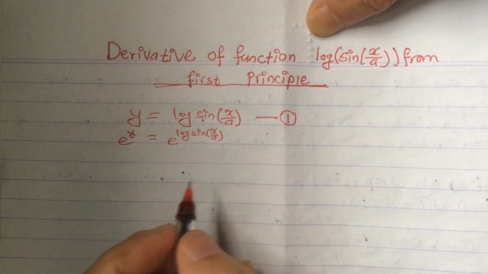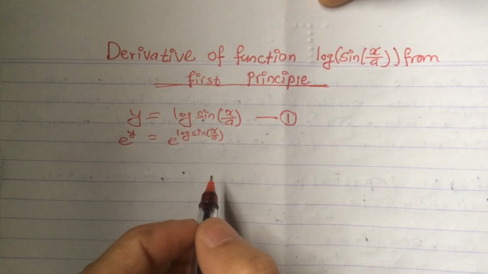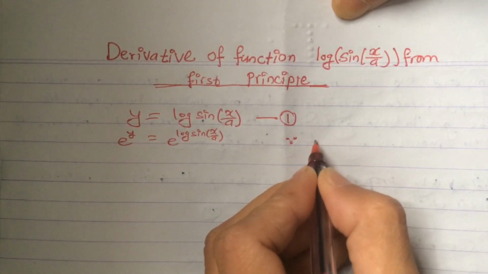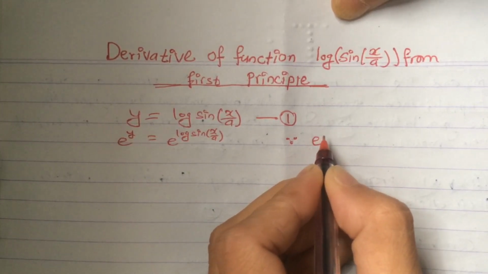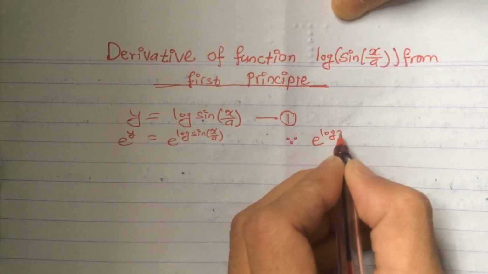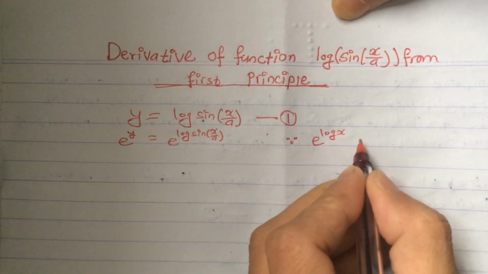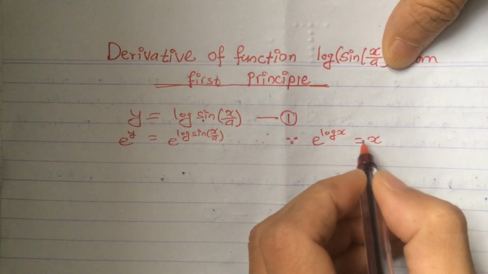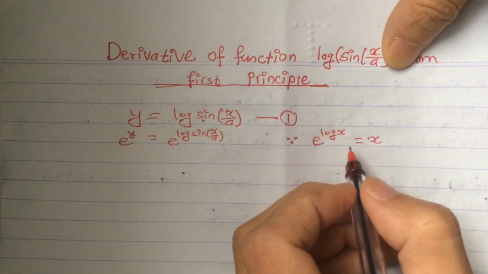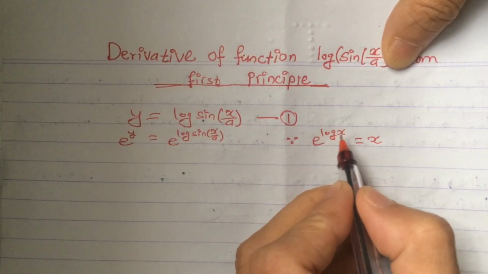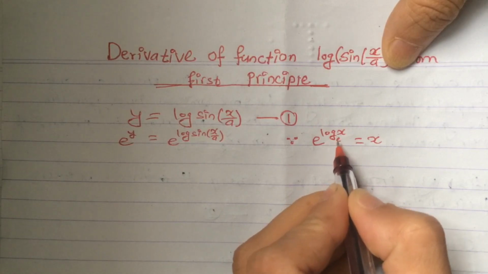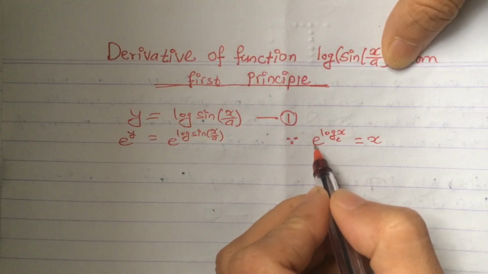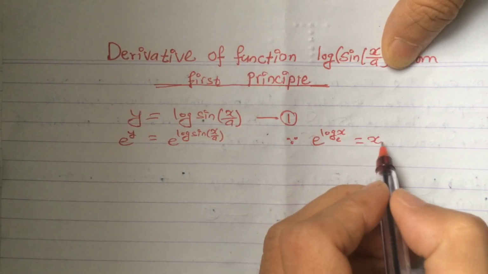Here we have to use the property of exponential function and log function. As you know, if e^(log x) is our function, then you can replace it by x, because the base of the log is e, and the exponential also has base e, so it becomes x.